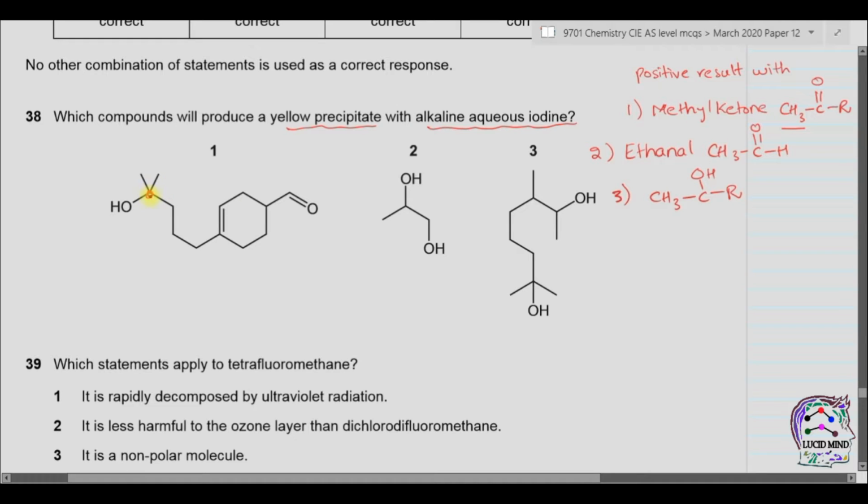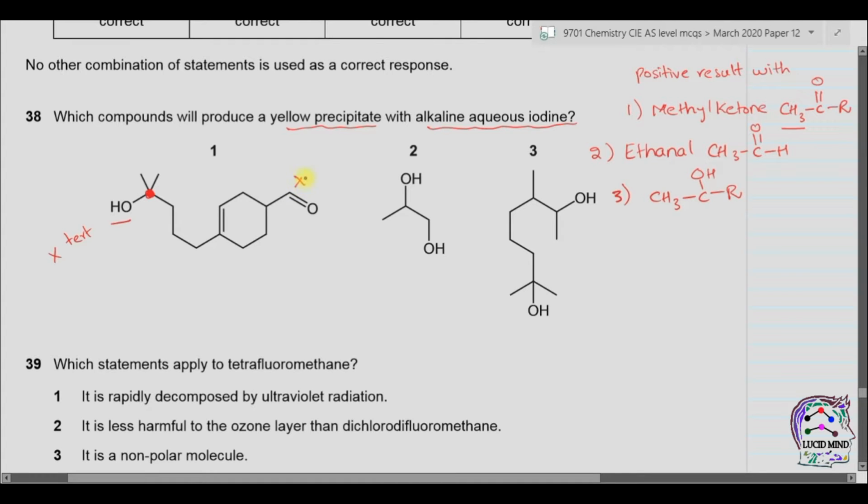Number 1, this is carbon atom. So this OH is tertiary because this carbon atom is further combined with 1, 2, 3 other carbon atoms. So tertiary does not give positive result. On the other side we have aldehyde, which does not have any methyl group.